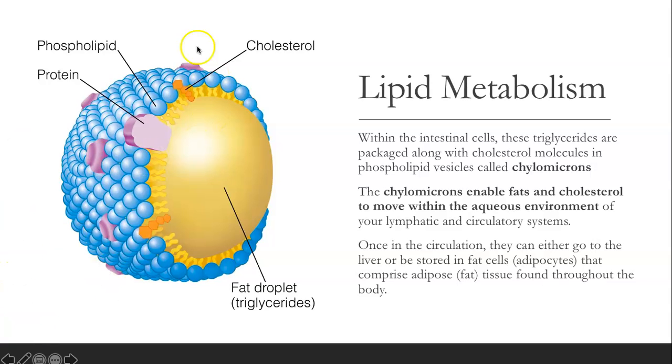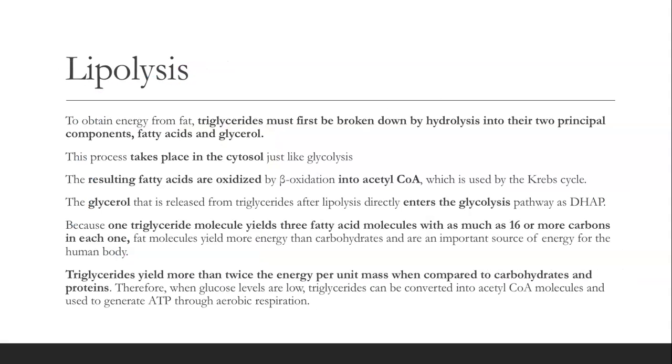This is a chylomicron. And the chylomicrons basically enable fats and cholesterol to move within the aqueous environment of your lymphatic and circulatory systems, kind of exactly like what bile did. It's just so that they don't get stuck and coagulate in a certain area. Once you get into the circulatory system, they can either go to the liver or be stored in fat cells, adipocytes, that comprise your adipose or your fat tissue found throughout the body.